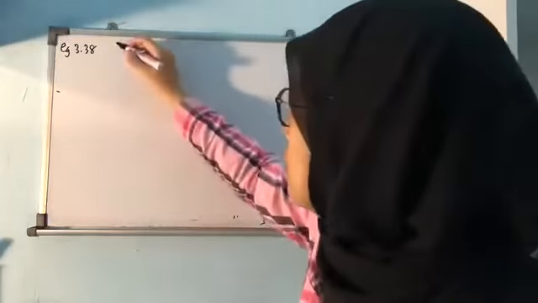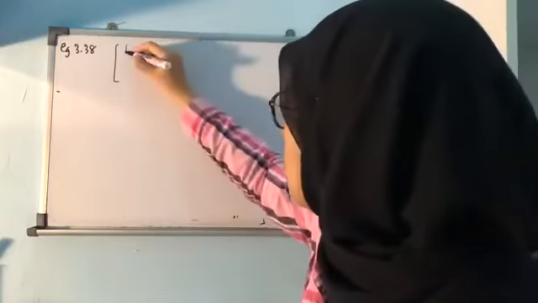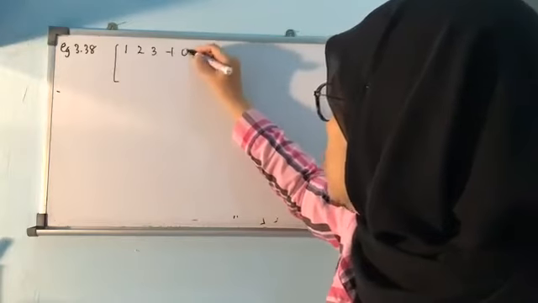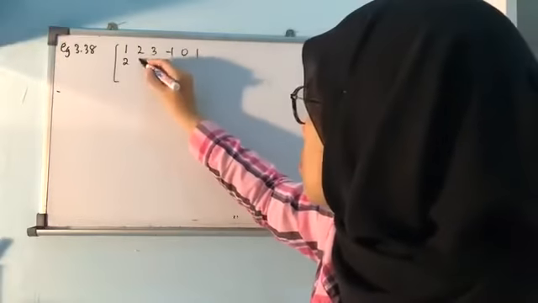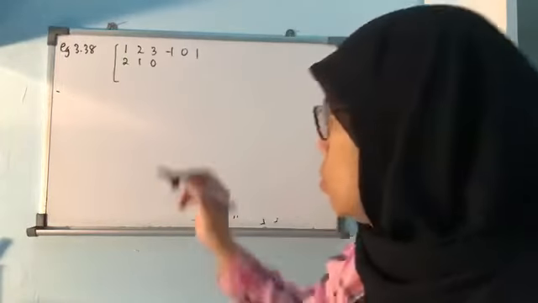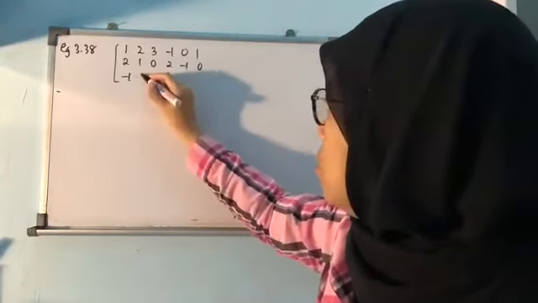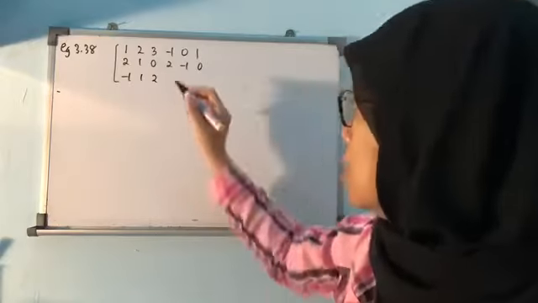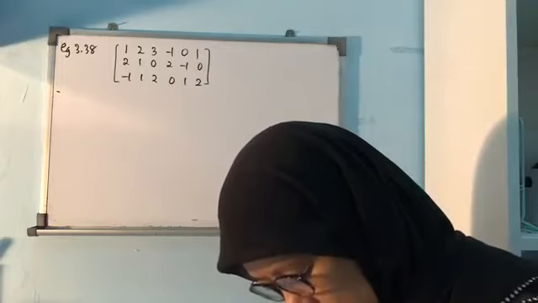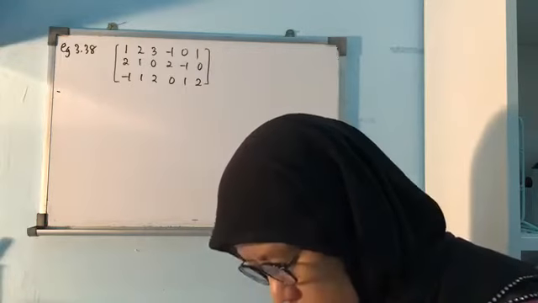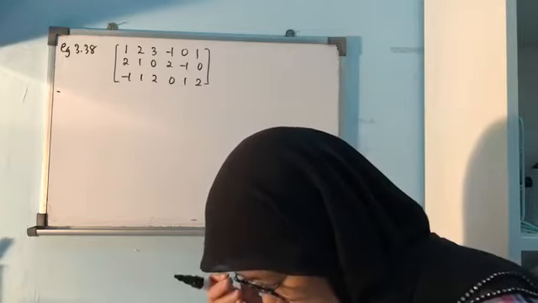Okay, so we have this matrix 1, 2, 3, negative 1, 0, 1, 2, 1, 0, 2, negative 1, 0, negative 1, 1, 2, 0, 1, 2. Question is, find a basis for the row space and a basis for the column space.